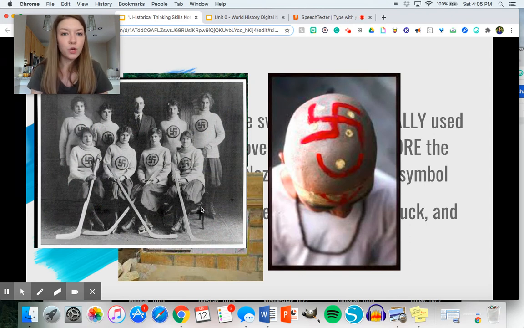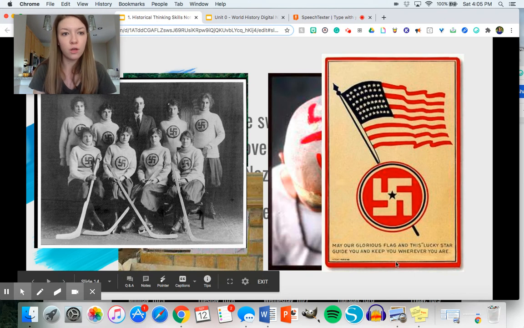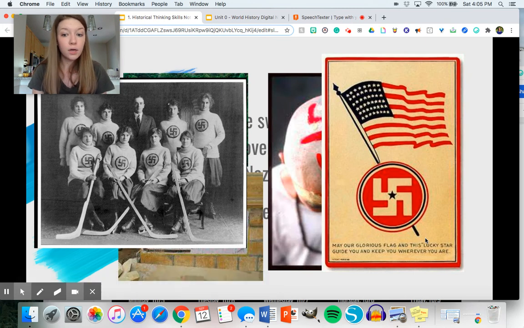Sports teams would use the swastika as a logo, right? Can you imagine that today? No, but the context is different, right? The meaning of the symbol has been transformed, right? The United States was even using the swastika for good luck and good fortune and well wishes throughout our history. So this was a poster that you would have found, right? May our glorious flag and this lucky star, the swastika, guide you and keep you wherever you are.